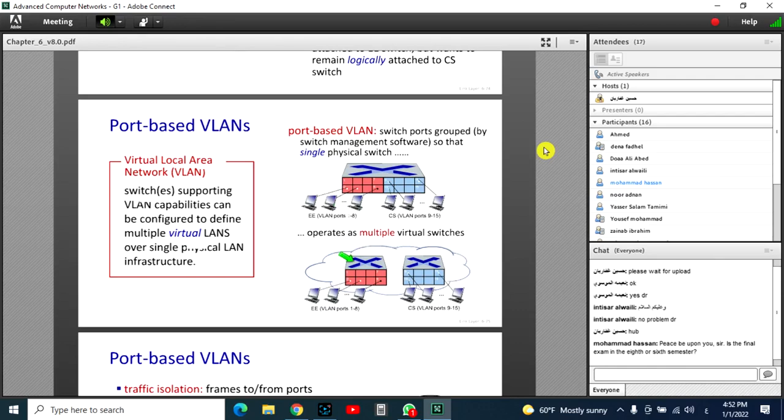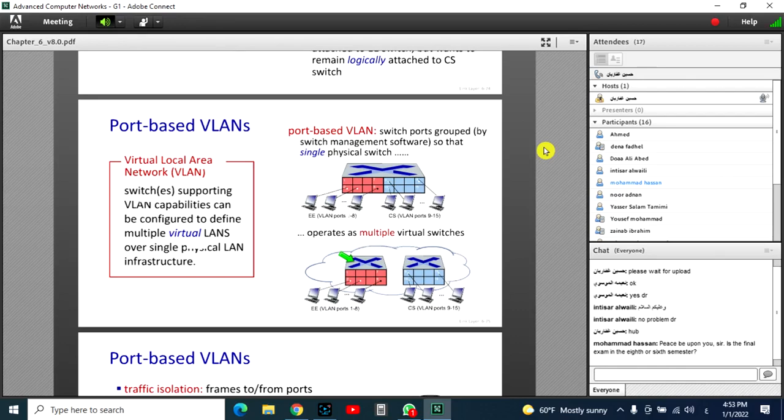Because if my switch does not support VLAN, physically I need to use two separated switches, one in EE and the other in computer science, to connect the systems inside each of those departments.